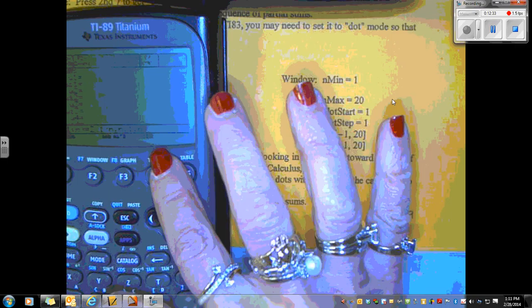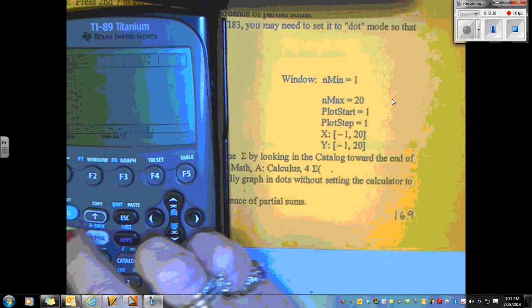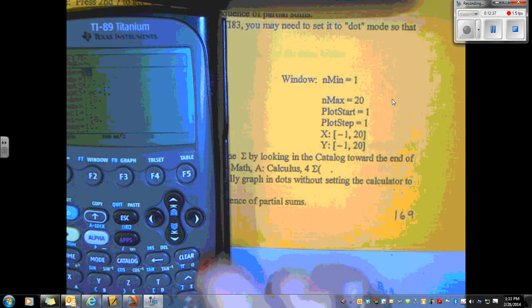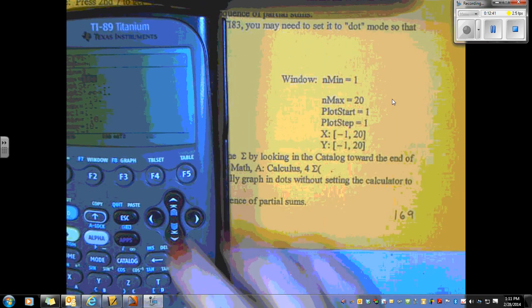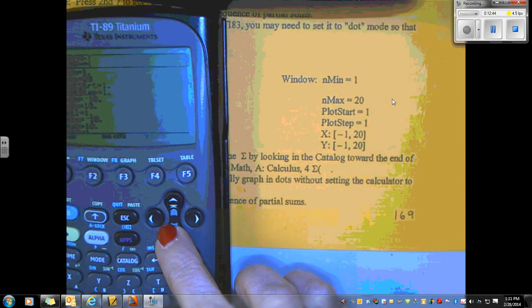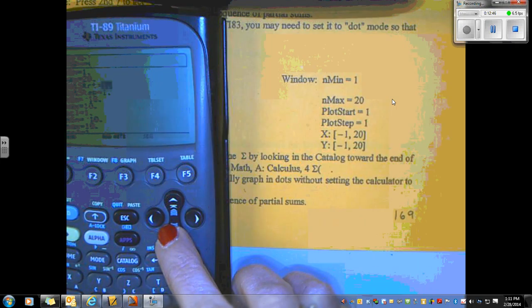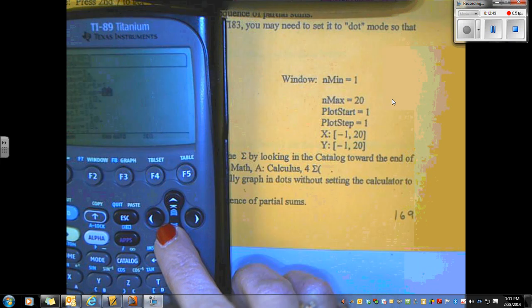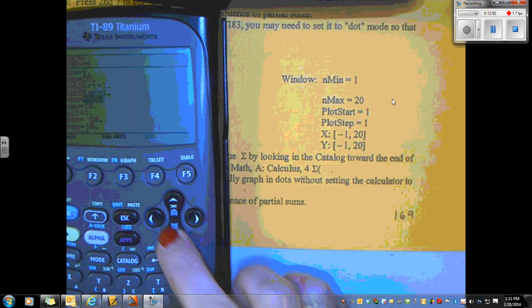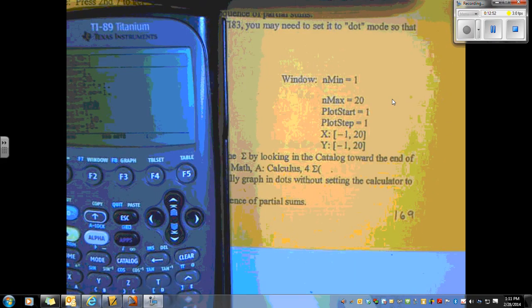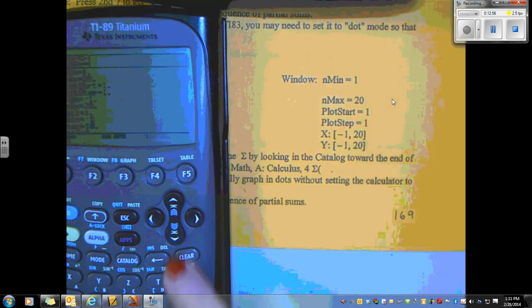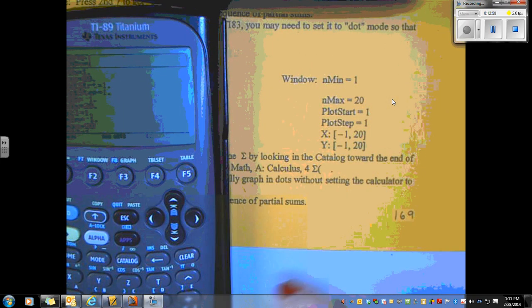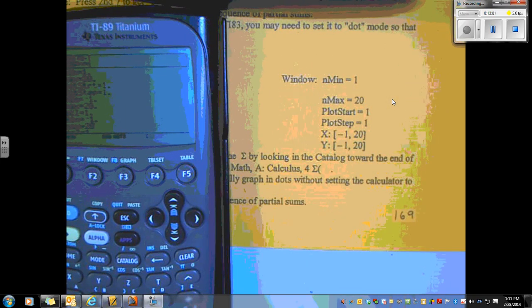All right, now it says we need to go to the window. Once we type this in, you hit window. Second F2, window. N min, 1. N max, 20. Plot start, 1. Plot step, 1. The x's are -1 to 20, and the y's are -1 to 20. Girls over there, good, bad, yes, no?